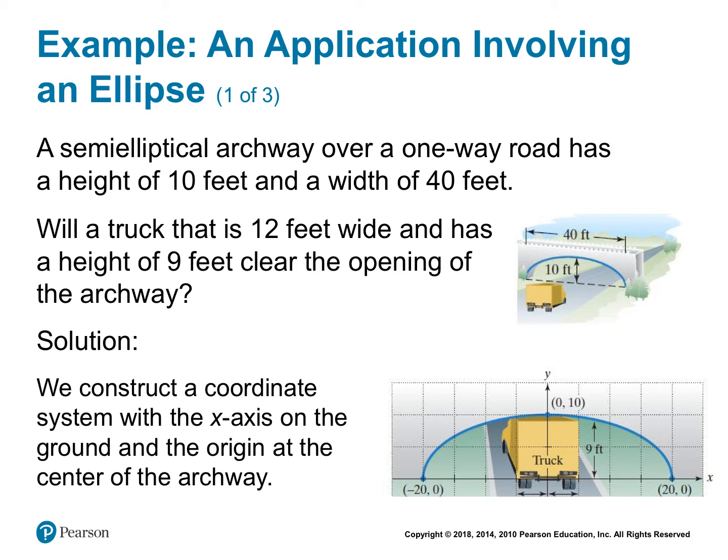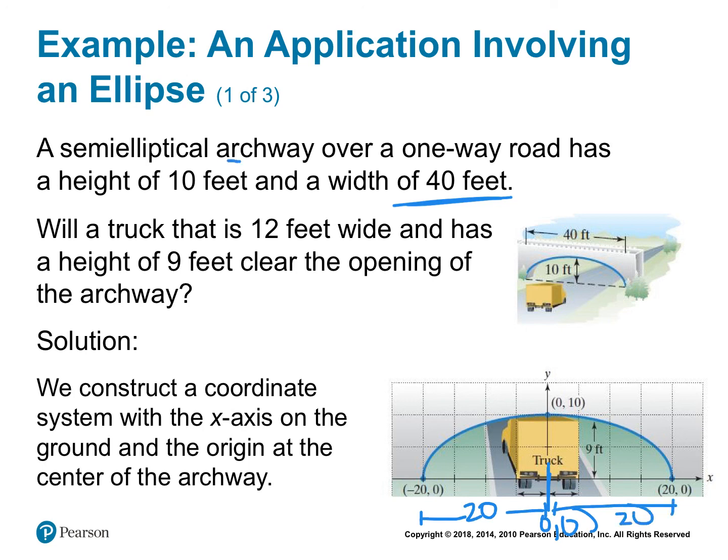We can construct a coordinate system with the x-axis on the ground and the origin is at the center of the archway. So we can see that right here is (0, 0). And the width is 40 feet, so we went 20 this way and then 20 this way.